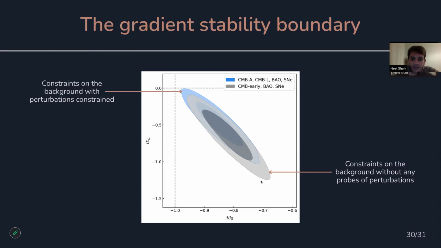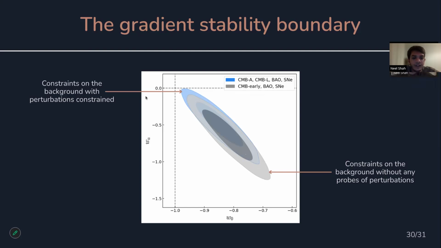So this contour is the constraints that we get on the background expansion, but we have removed any information about the dark energy perturbations. We have done that by replacing the standard CMB likelihoods with a prior on the parameters that only describe the early universe, and which only uses information about the early universe. So now we don't have any information about dark energy perturbations here.